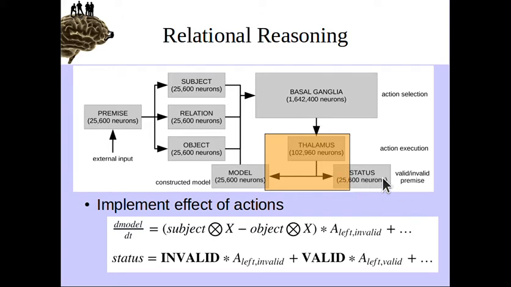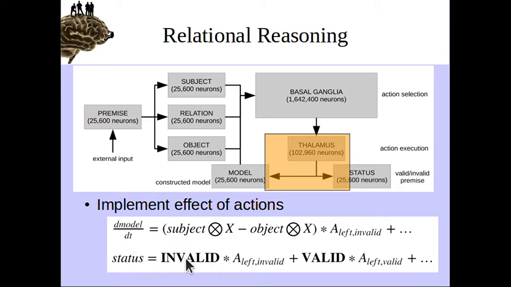This output should be the vector valid if one of the actions that says this is valid has been chosen, and it should be invalid if one of the actions that says this is invalid has been chosen. That's easy to write out, right? If I have this vector that is 0 if I have not chosen the action and 1 if it has chosen the action, then status is just this function.